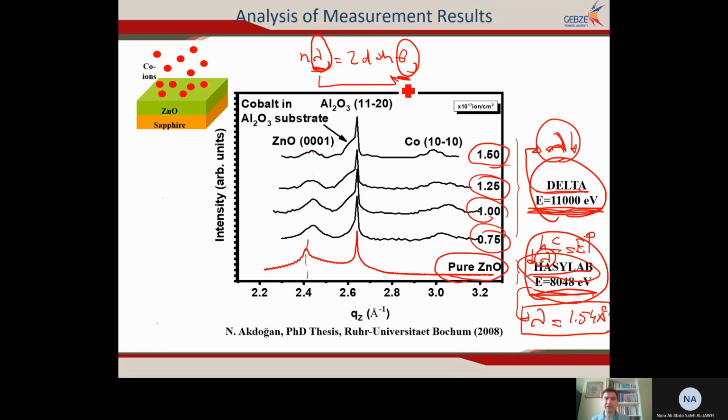Depending on the wavelength lambda, you will get a different theta value, but if you plot them using QZ, which is 2 pi over lambda times sine theta, you change the lambda, but theta also changes, so you compensate for it, okay? Then QZ is a much better representation for the x-axis to discuss and compare X-ray diffraction data taken at different synchrotron light sources or with different wavelengths. For this reason, here we use QZ.